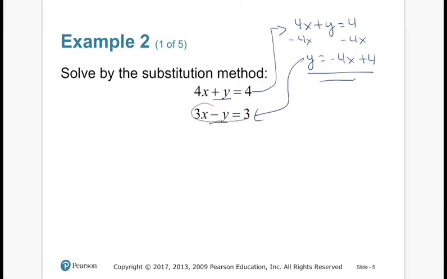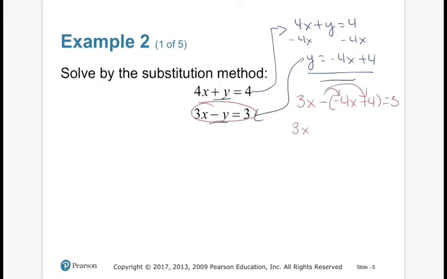I'm going to put it in red so we don't get confused. So now I have 3x. But I already know the value of y, so it's minus (negative 4x plus 4) is equal to 3. Sorry about that, that's a horrible 3. So now I'm going to distribute that negative.